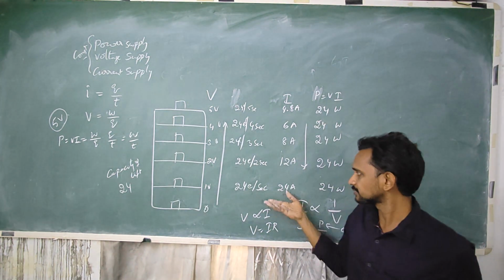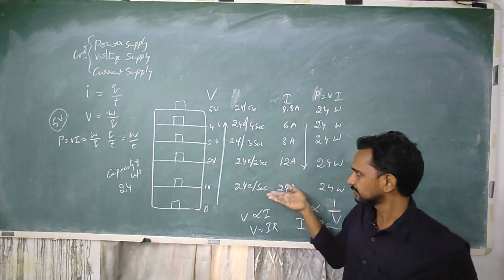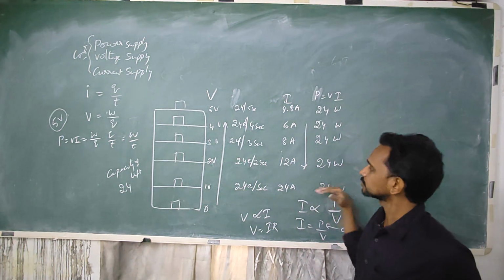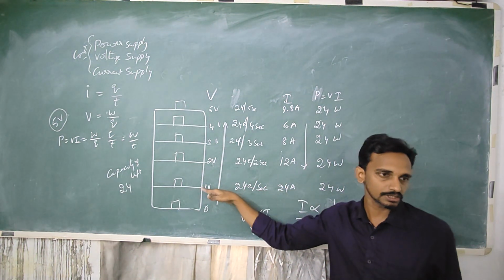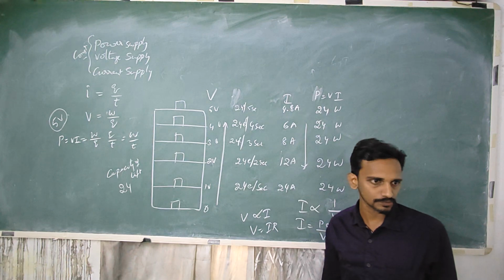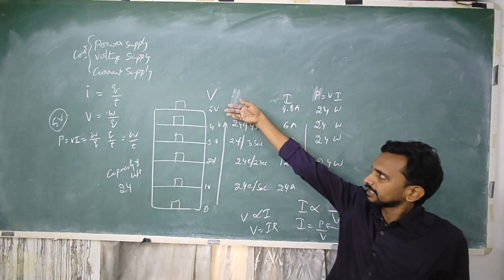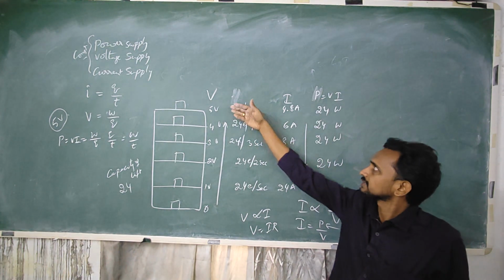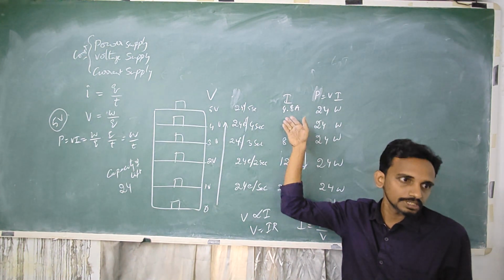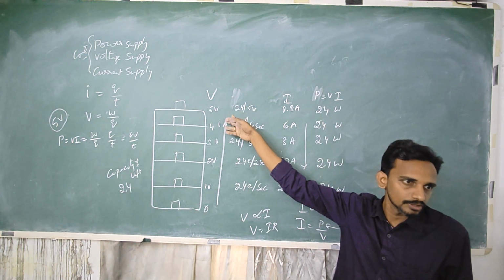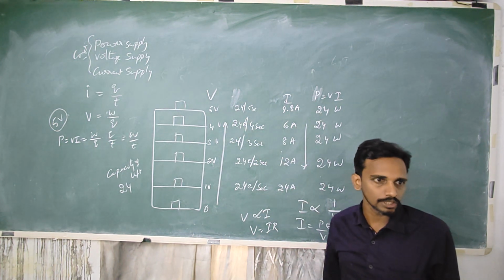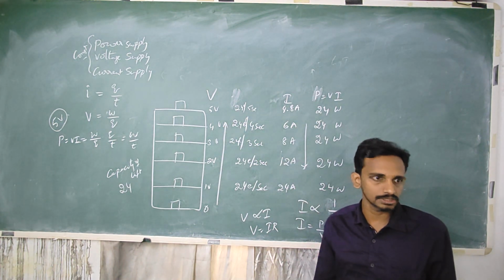So it's simple distribution. If you distribute the entire 24 watts to 24 electrons, each electron will get 1 volt potential. Like that, if you give your entire power to a limited number of electrons, let's say 6 electrons, then each electron will gain 4 volts. More voltage, more energy. Voltage means what? Energy supplied to each electron.